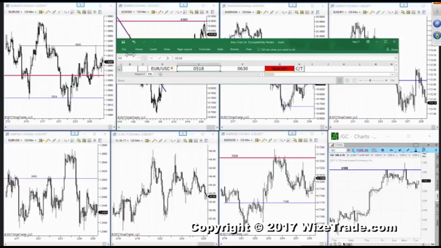I don't know why the system didn't save the bias chart from yesterday. So I had to pull up the bias chart from Screencast where I posted, and I actually had the wrong bias chart. Our support yesterday was not 518, it's 524.